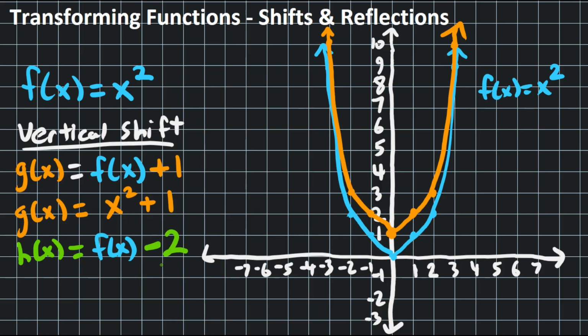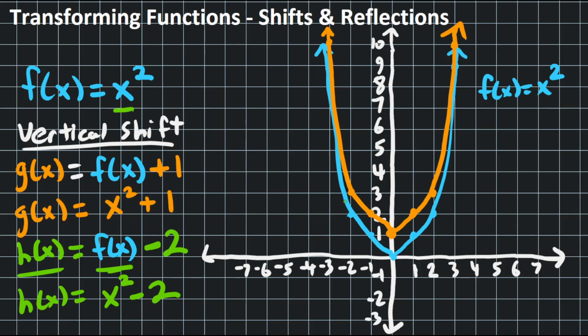So it's going to be f of x minus 2. What this does right here, f of x minus 2, it's going to bring the function down by 2 spaces. So how do we write the formula for h of x? Let's go ahead and write that down together. Well, what is f of x? As we said, that's x squared. So h of x is x squared minus 2.